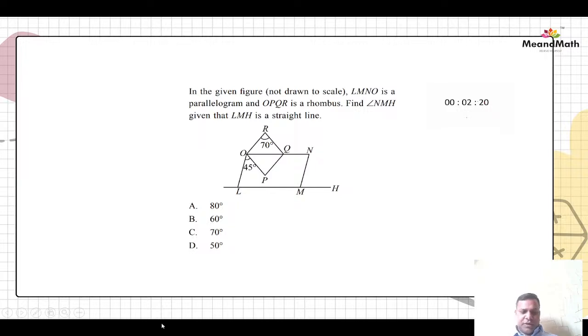Okay, let's solve the question. इसका आंसर क्या होगा, कैसे होगा, वो हम देखते हैं.